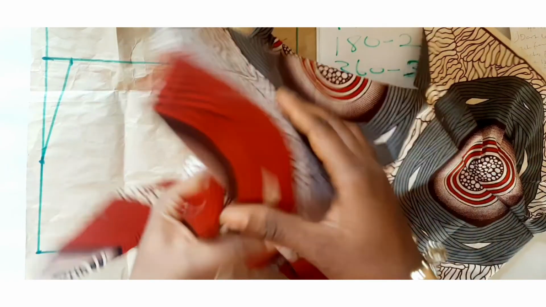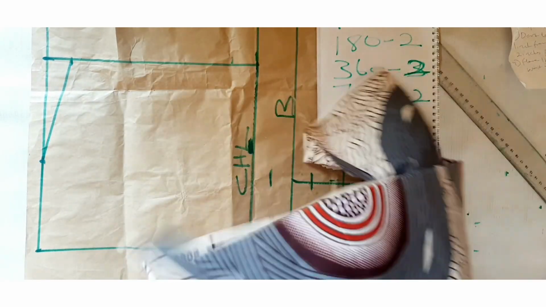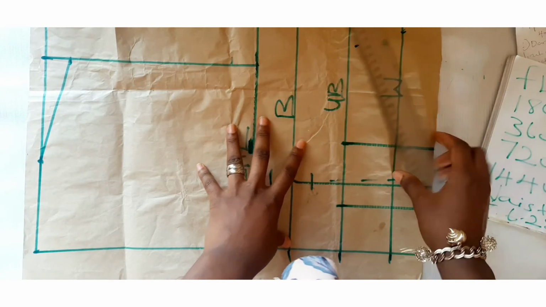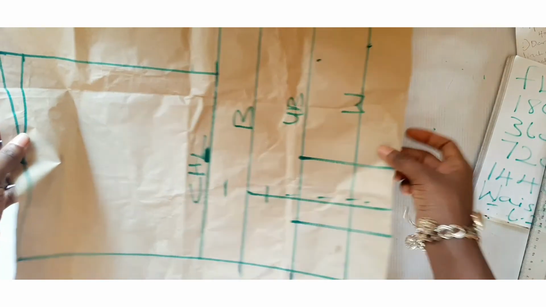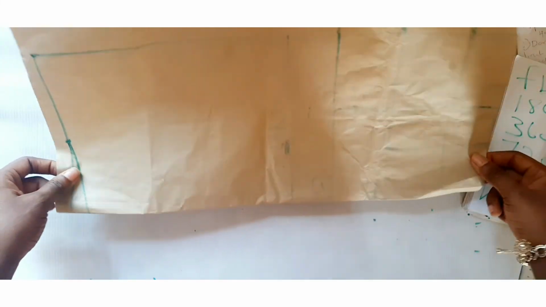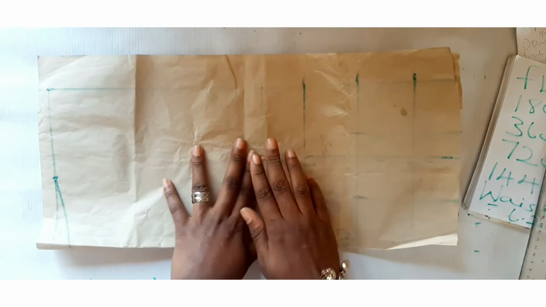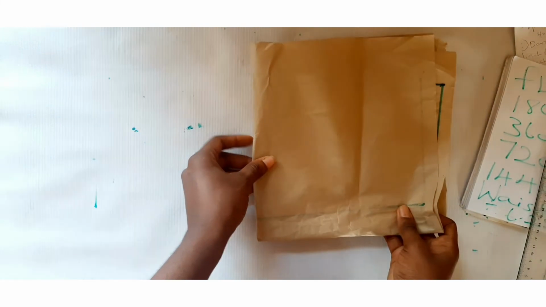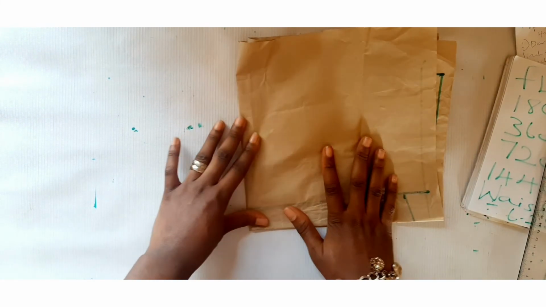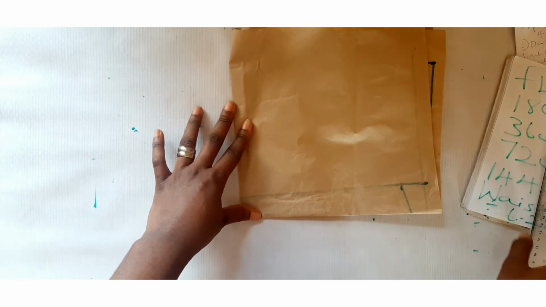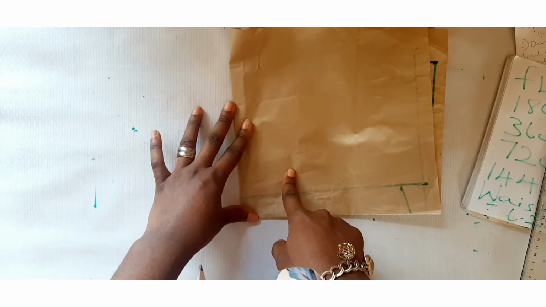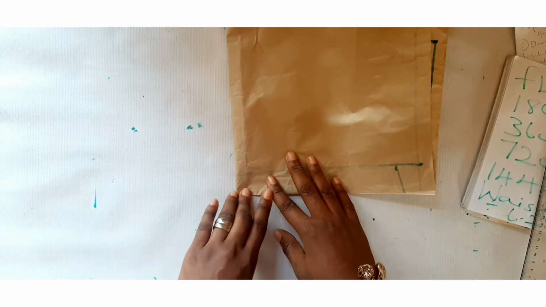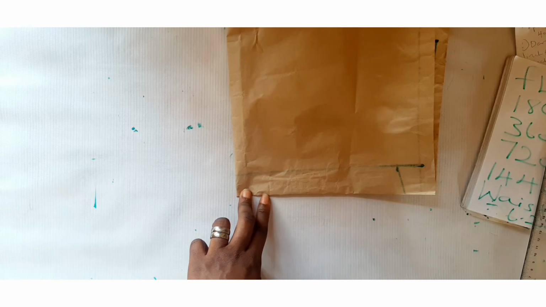Let me use this paper as an example. You want to cut your flare. This is your fabric. See how you fold. You fold it like this, and you fold like this. Then your waist divided by 6.28.